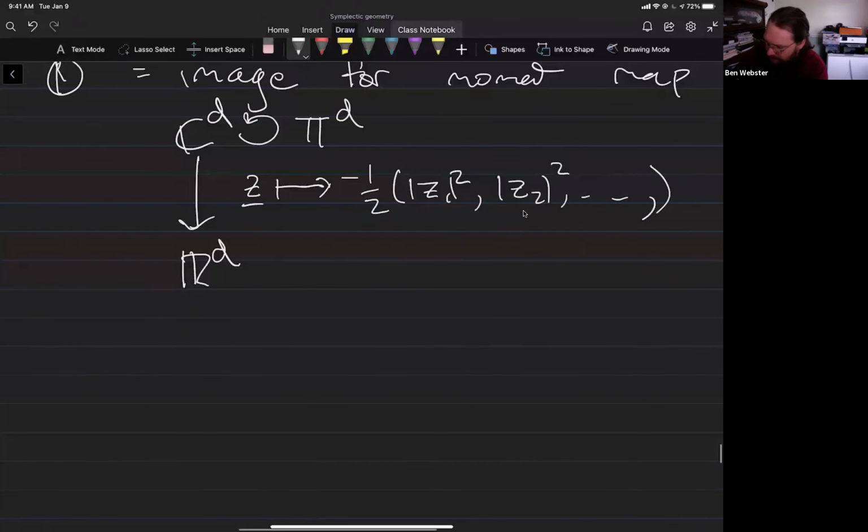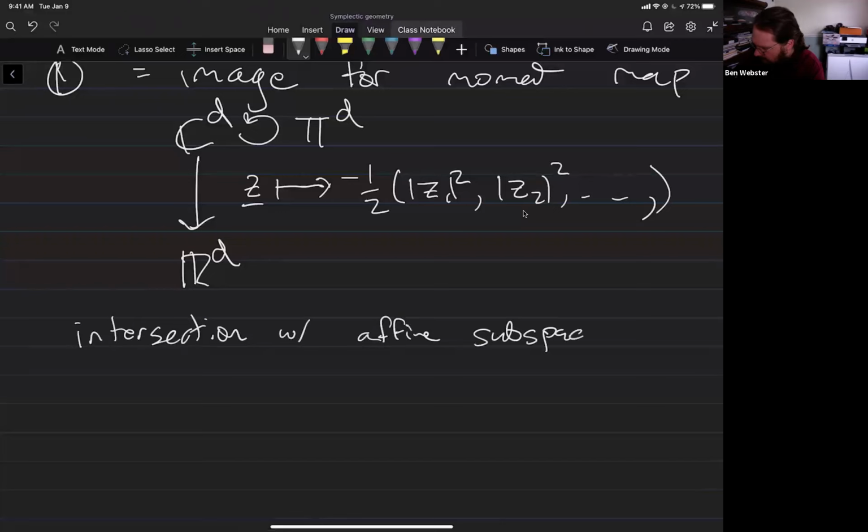And intersection with an affine subspace has a natural interpretation in symplectic geometry. It's symplectic reduction for a subgroup.